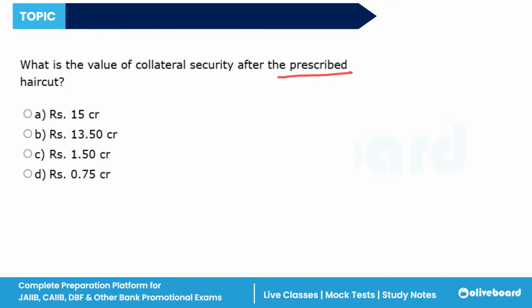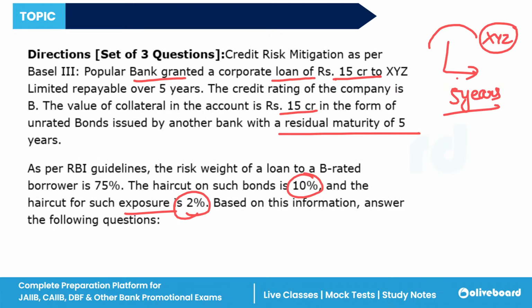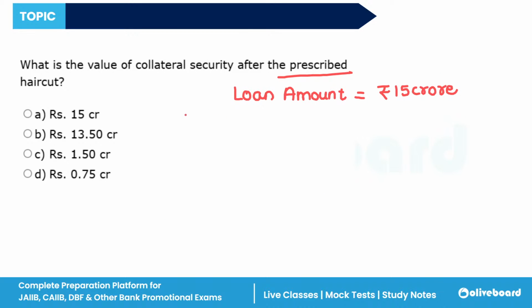Here, what do we have given? We have given loan exposure amount, that is rupees 15 crore, right? Then collateral value is given, which is rupees 15 crore.